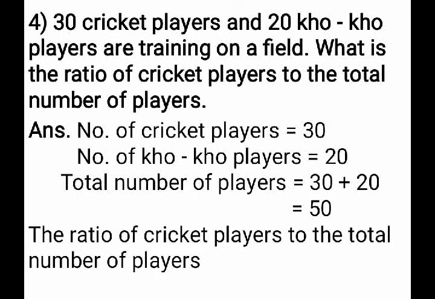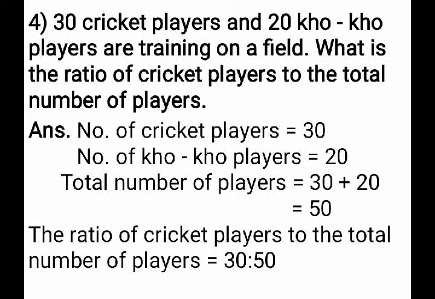The ratio of cricket players to the total number of players is equal to 30:50. Number of cricket players is 30 and the total number of players I already found. Total number of players is how much? 50. So that's why the ratio of cricket players to the total number of players is 30:50.